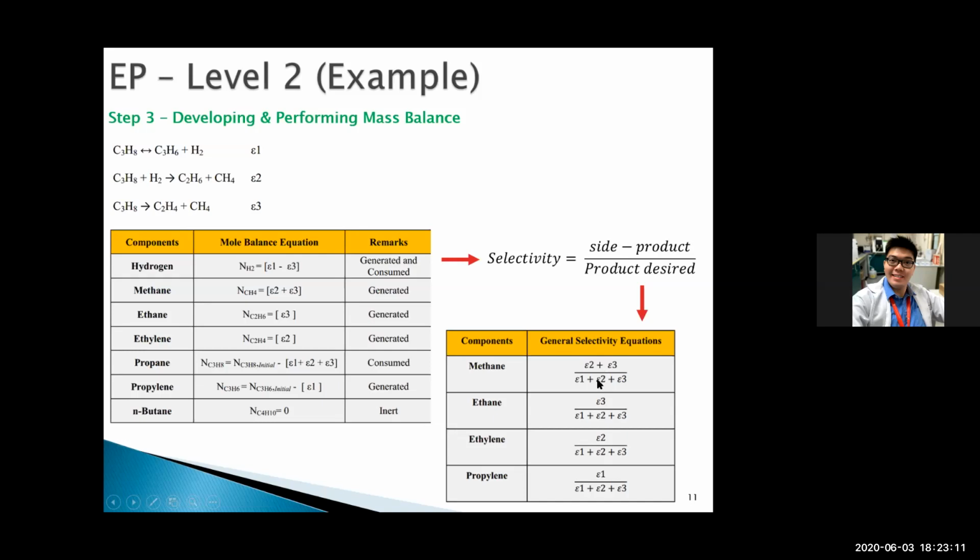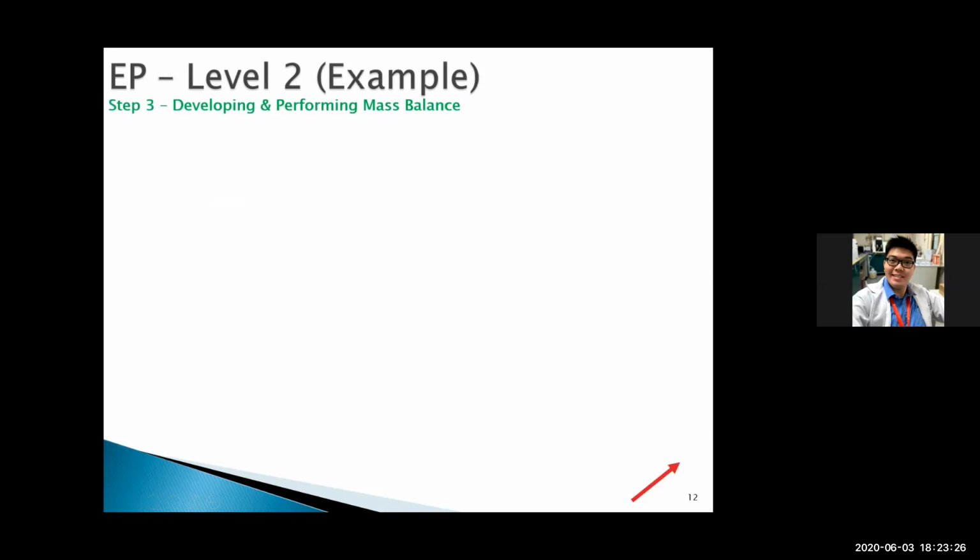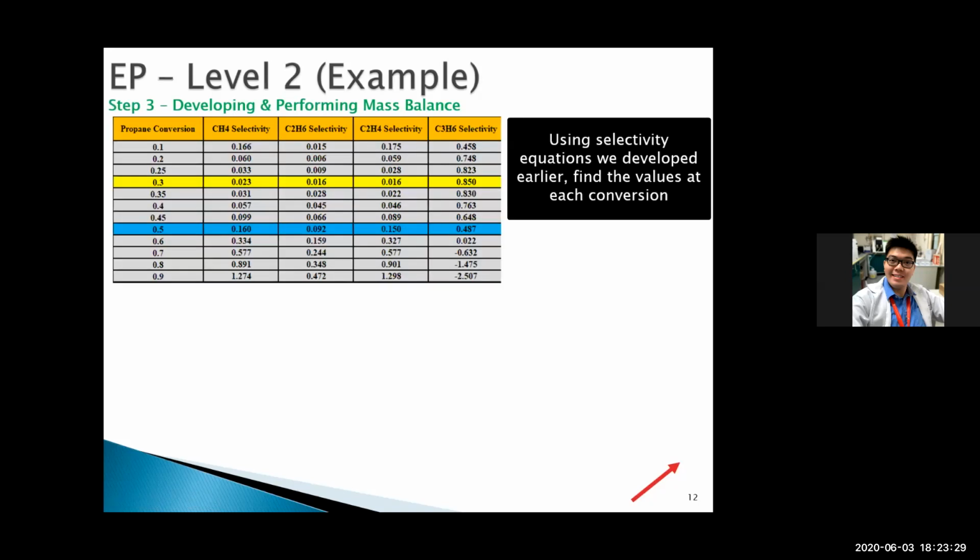So for methane, it is E2 plus E3 over the propane, and so on for the ethane, ethylene, and propylene. After you generate these equations, as I mentioned before, you have the selectivity with respect to conversion equation, if you decided to perform the modeling. So here are the values for the selectivity at each different propane conversion.